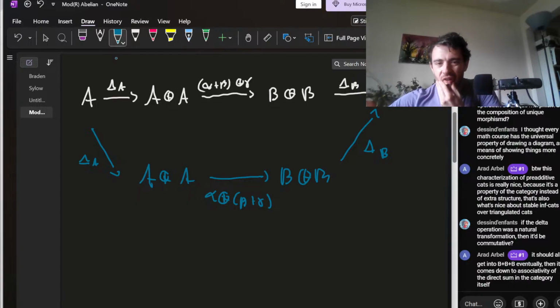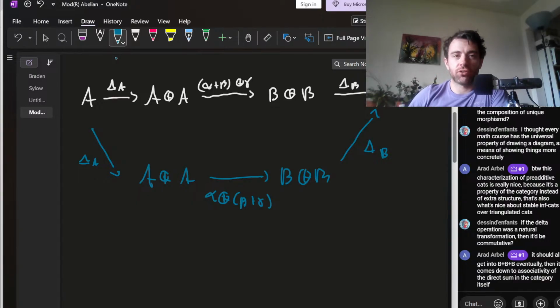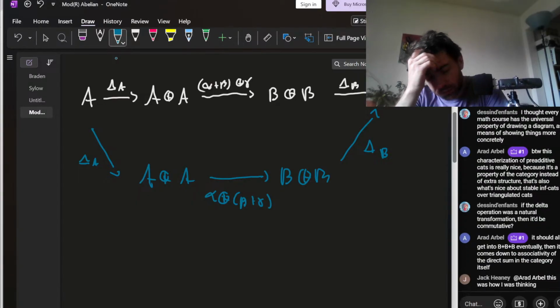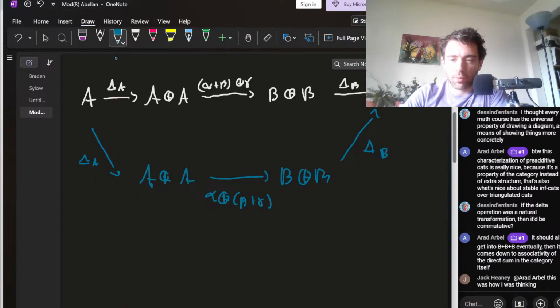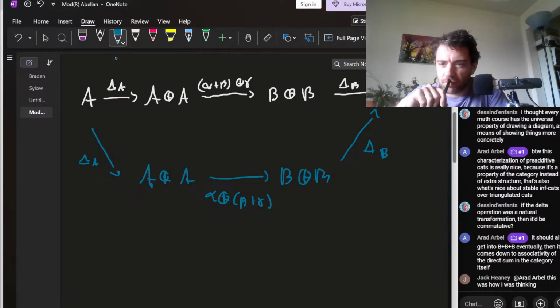If you take the functor that sends an object to the sum of itself, versus the identity functor, del can be viewed as a natural transformation from the identity into the functor that sums an object with itself. It should all get into b plus b plus b eventually. Then it comes down to the associativity of the direct sum. Yeah.